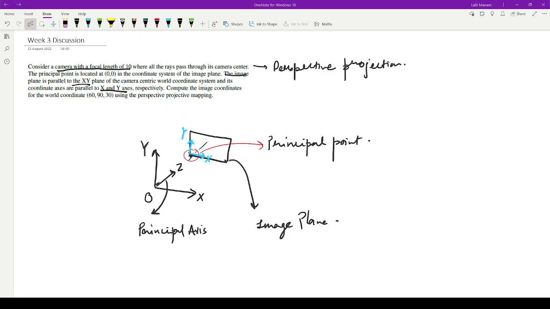Focal length. Okay, this is the focal length, right? This distance is the focal length f. Does anyone have any doubt on this?